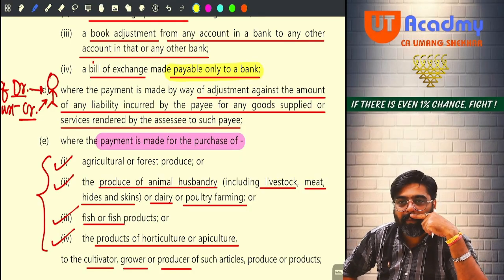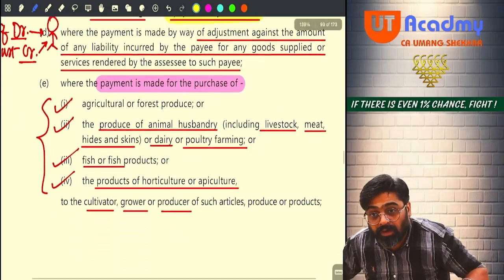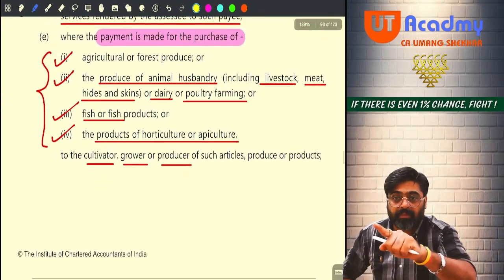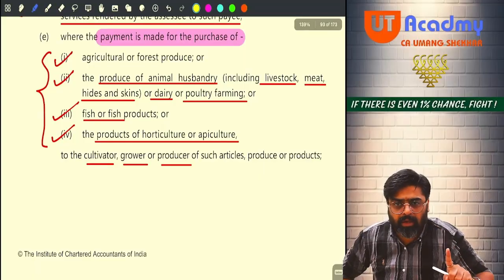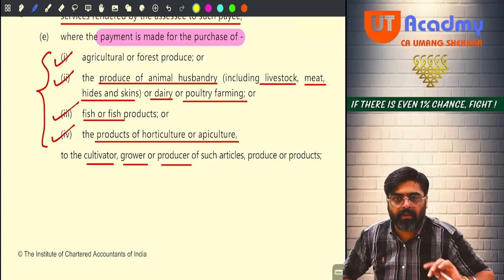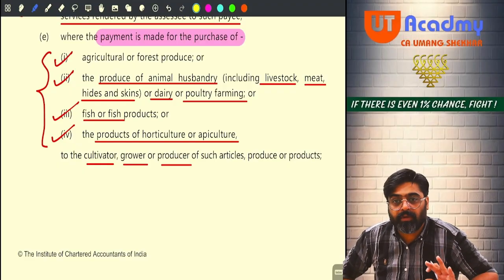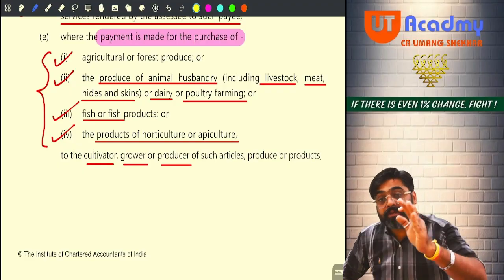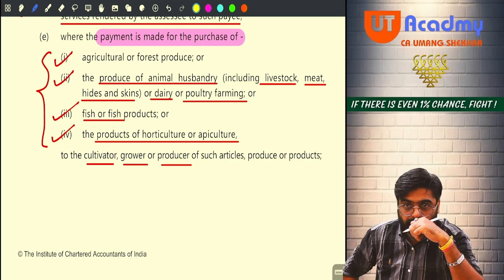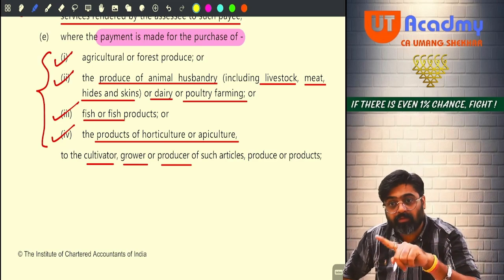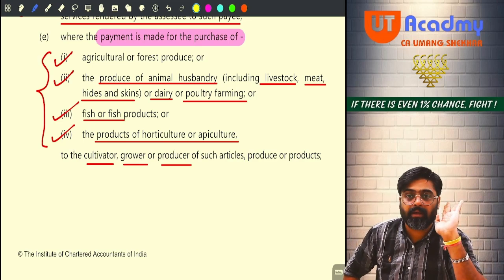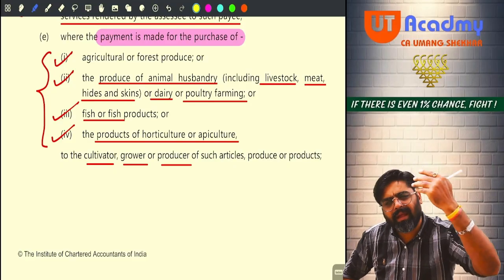Will you remember? Now this point is really very important, which is coming to you right now. Many times they have asked this point in the exam. Where the payment is made for purchase of items in your business or profession, and for these items, whatever payments you are supposed to make, you can make by any mode.